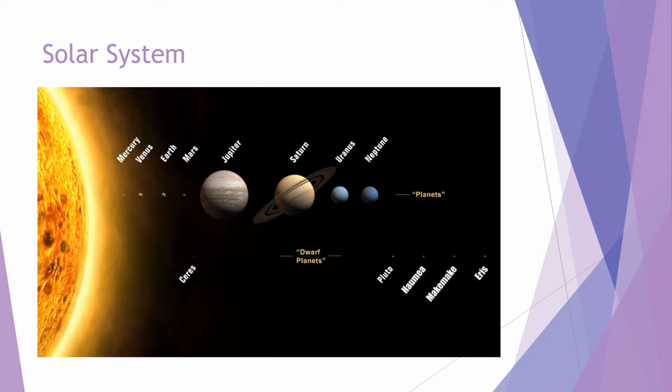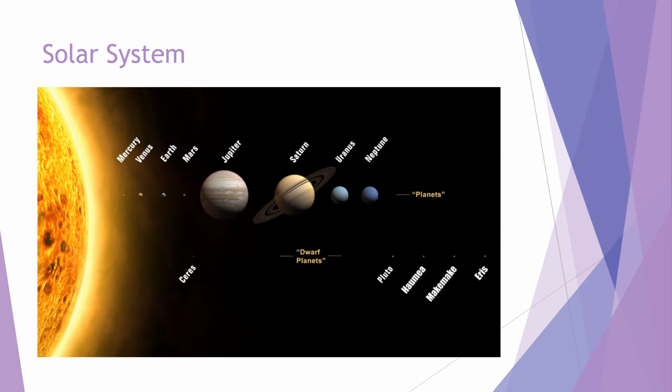Okay, so our solar system is made up of 4 inner planets and 4 outer planets. In the center of our system is the sun. Okay, the star of our solar system is the sun. So the inner planets are Mercury, Venus, Earth, and Mars, whereas the outer planets are Jupiter, Saturn, Uranus, and Neptune.